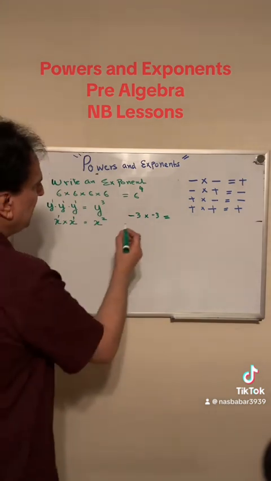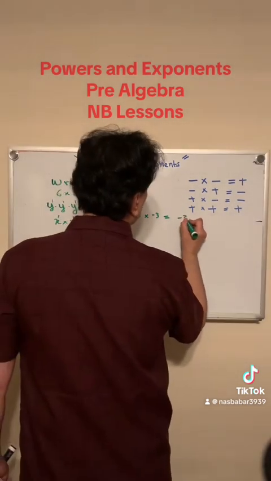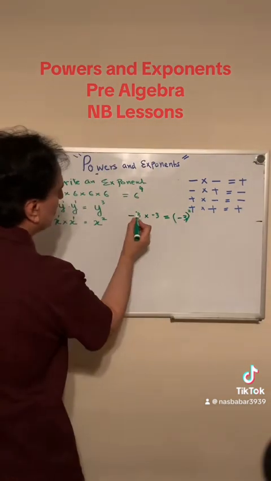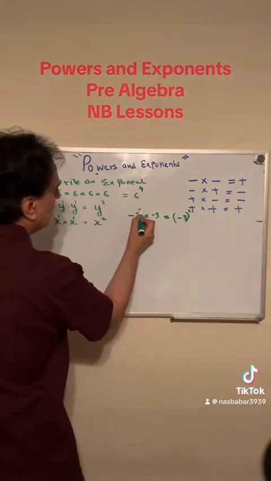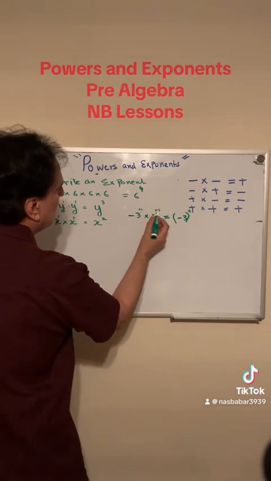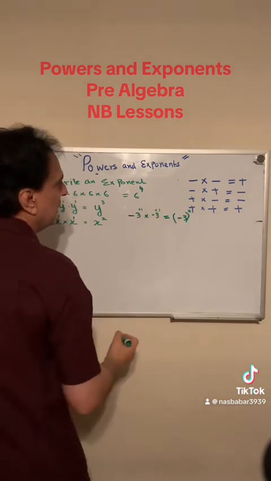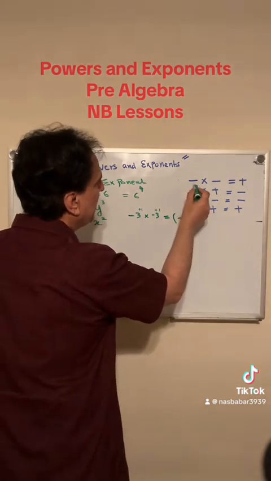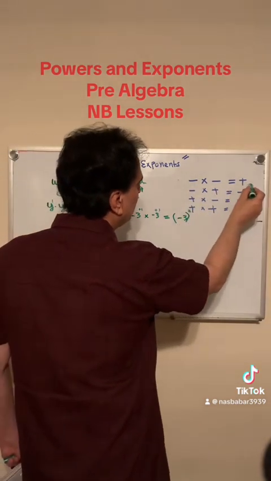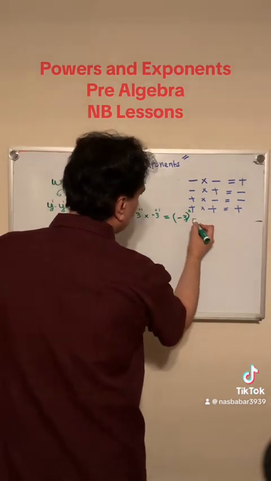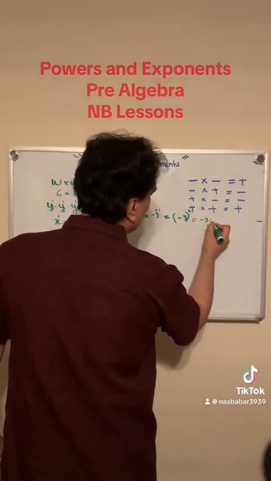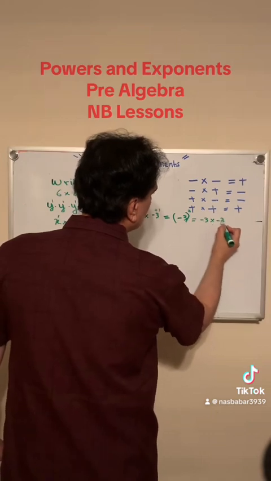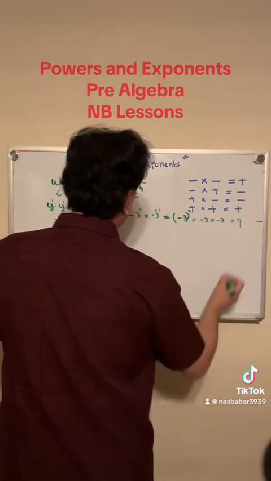So that would be minus 3 raised to the power 2, because remember there is an implicit 1 and there is an implicit 1. So 1 plus 1, 2. Now, if you remember from this rule right here, if you multiply negative times negative, you always get positive. So essentially this is minus 3 times minus 3. So minus cancel each other and the answer is 9.